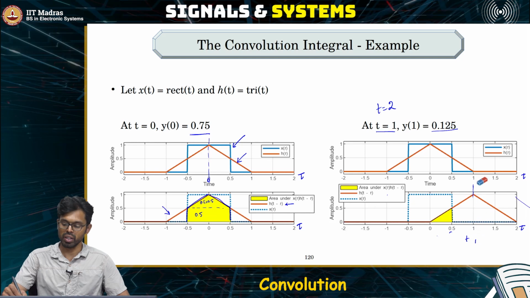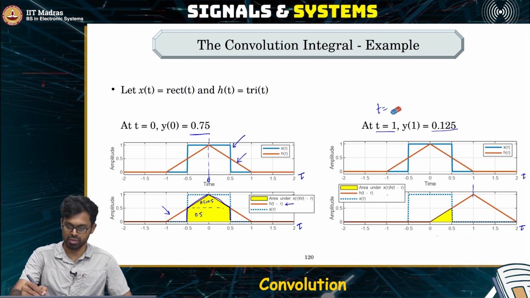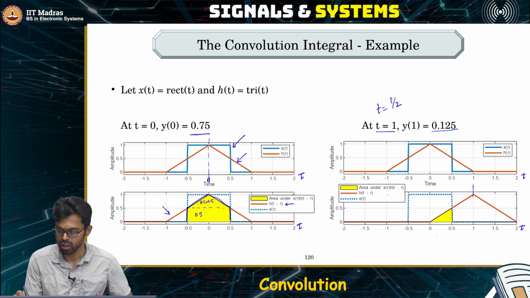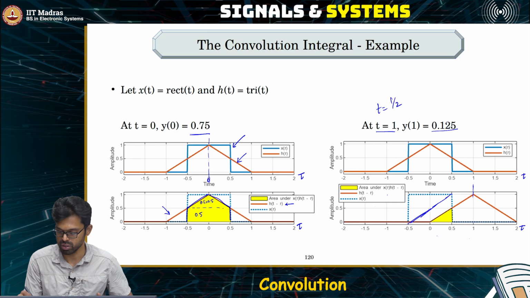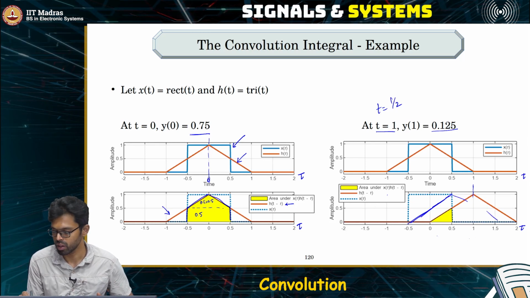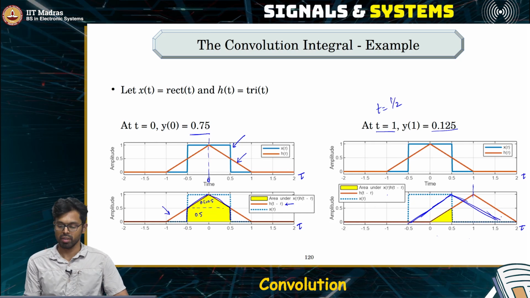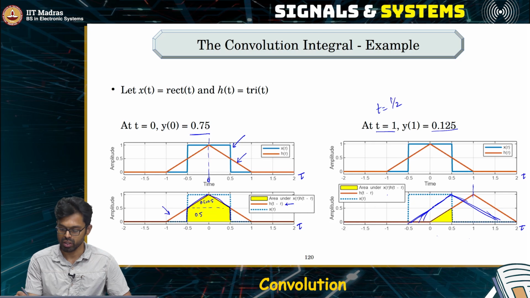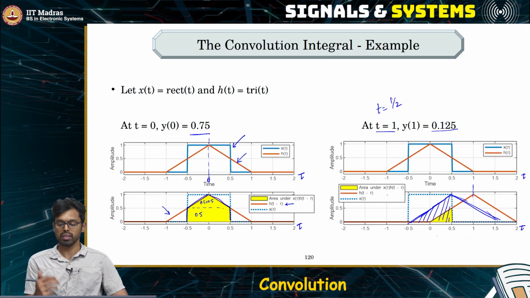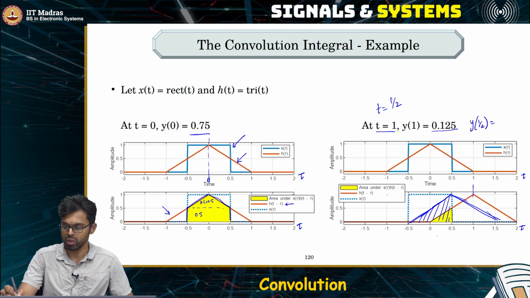If you want to find out the output at, let's say, t equal to half, then shift your time reversed impulse response to be centered at half. Now multiply, then whatever area you get here, in this case it is half, so y of half will be equal to 0.5.